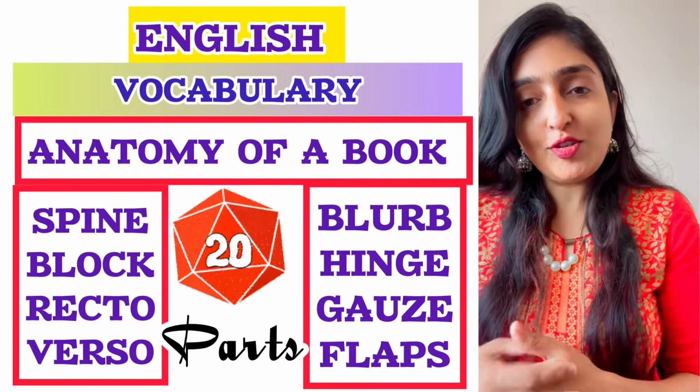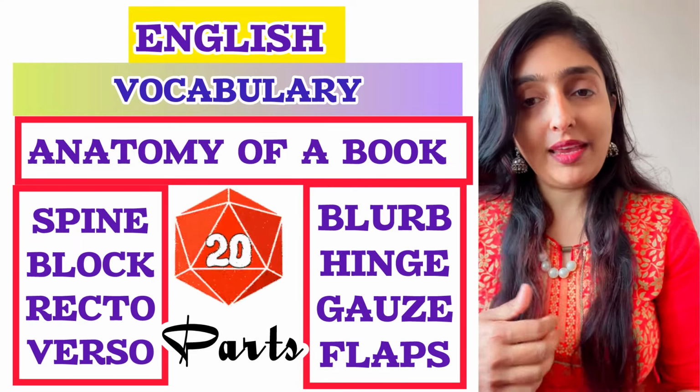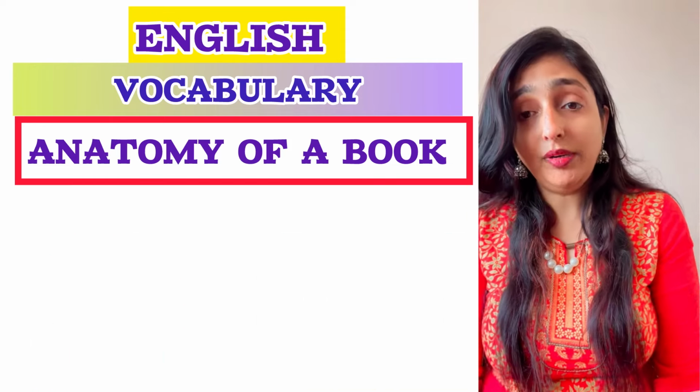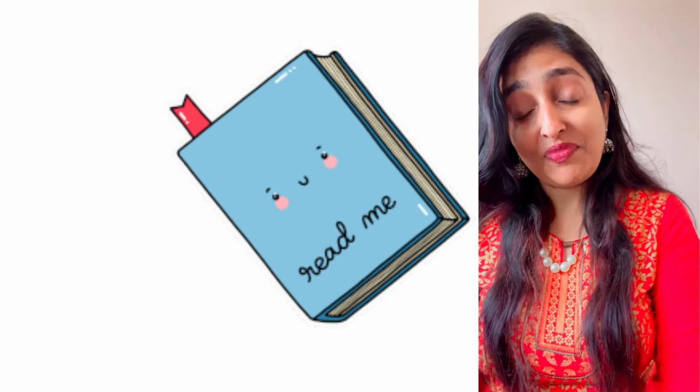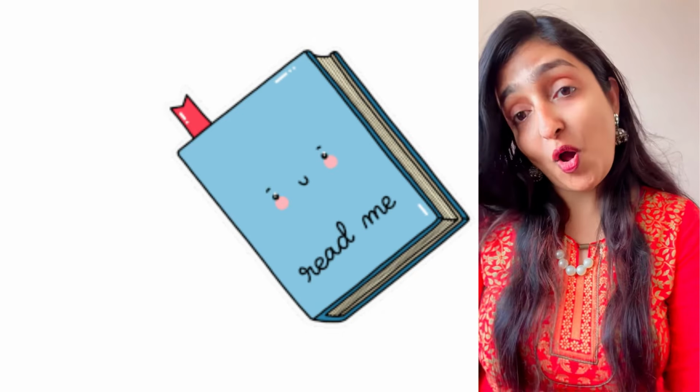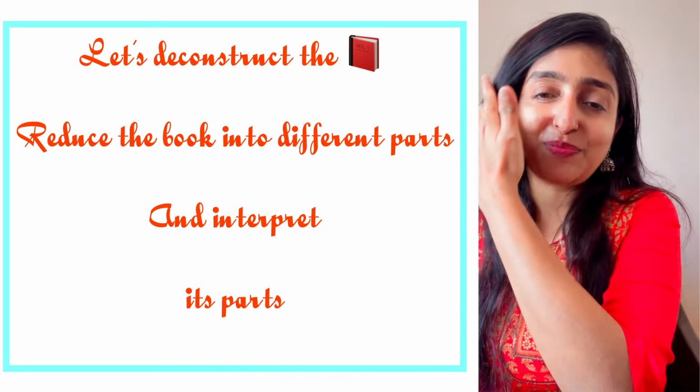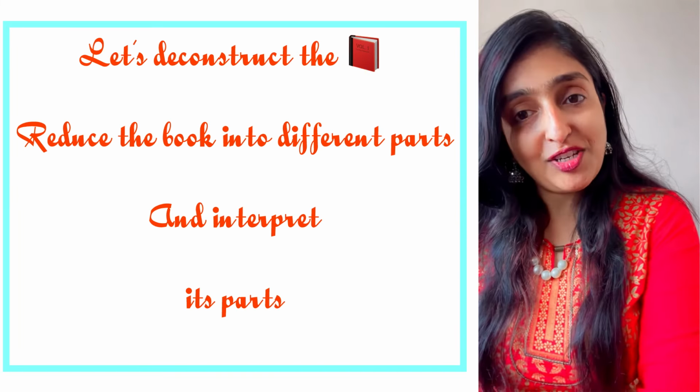Hi all. So today's topic is going to be something different or uncommon. I'm going to take you on a trip or an expedition into the anatomy of a book, or the parts of a book.